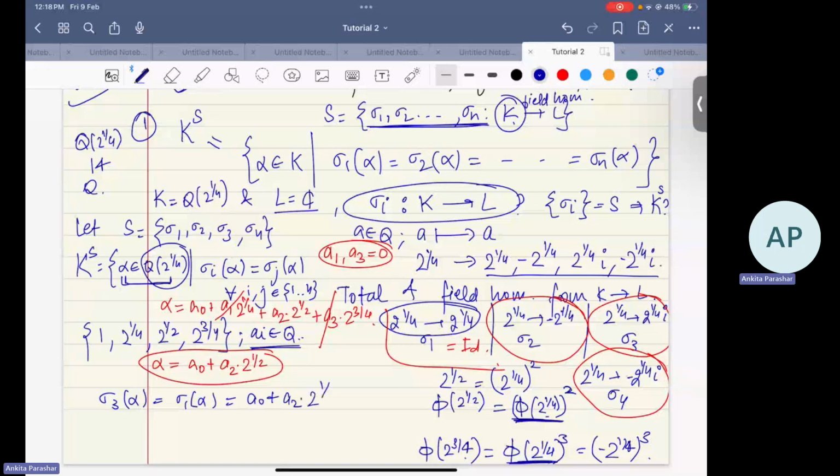So therefore the whole thing will go to A0 minus A2 times 2 power 1 by 2, which has to be equal to this.